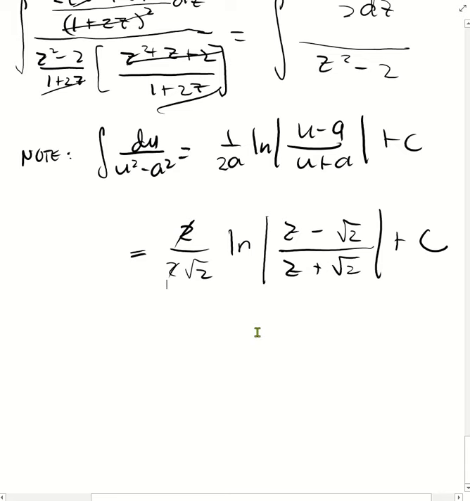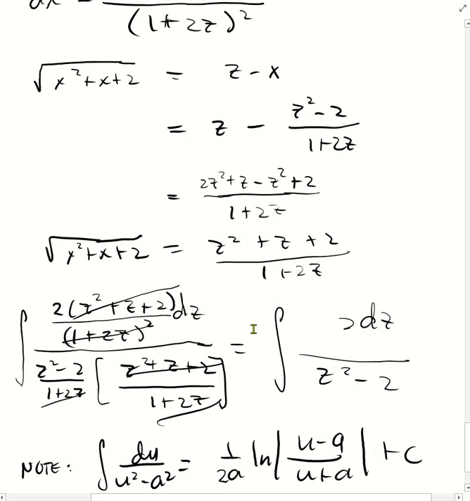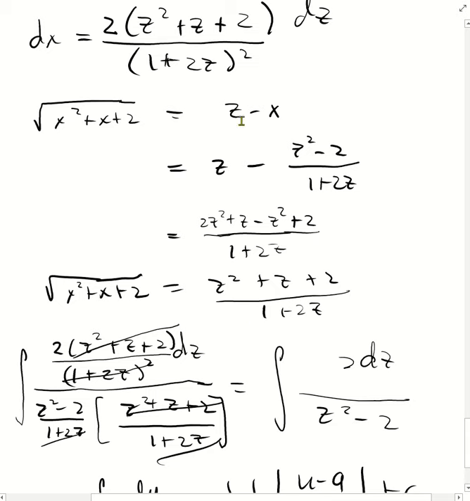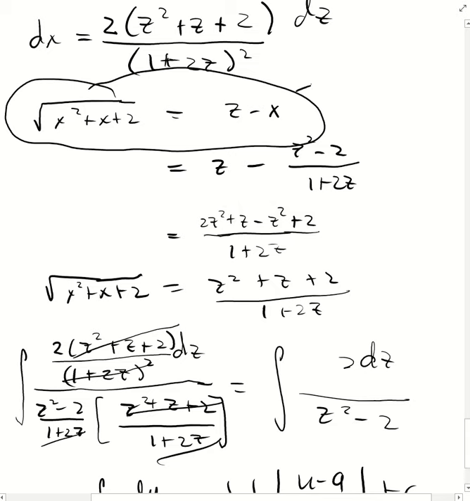Our z is equal to what? We can solve z from here. So z is equal to the square root of x squared plus x plus 2, then you just need to subtract x.